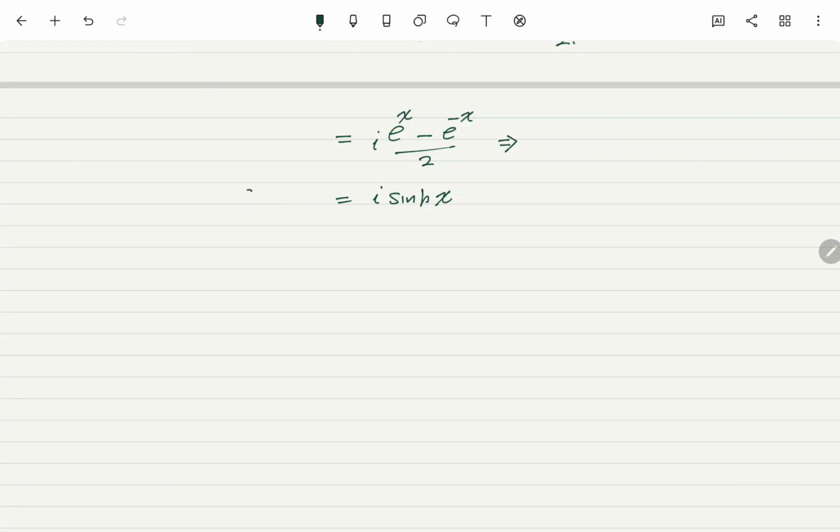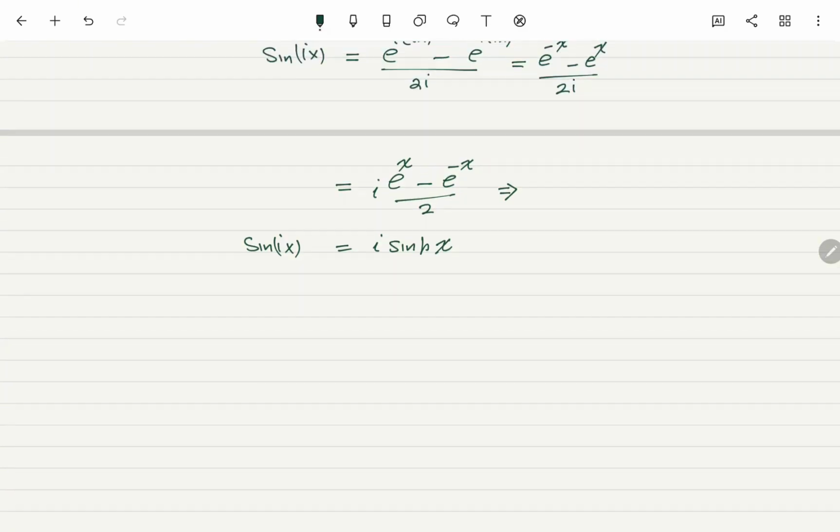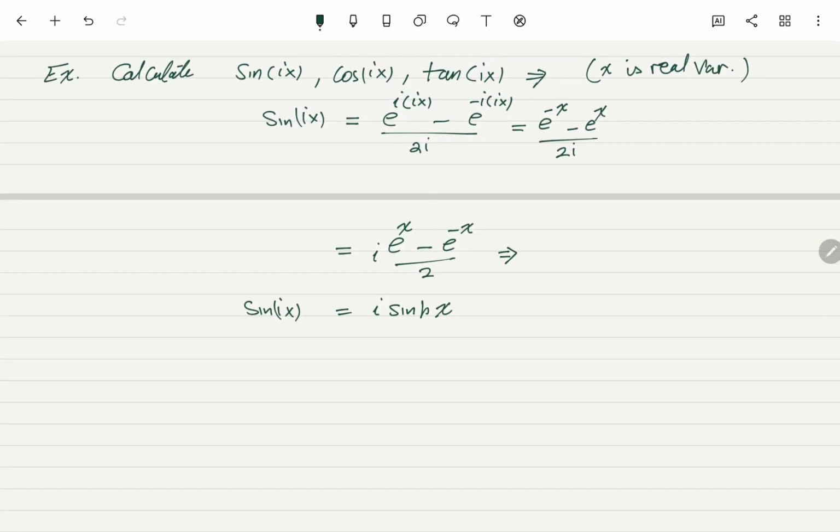Therefore, sine ix will be equal to i sine hyperbolic x. By following the same procedure, let's find cosine ix.